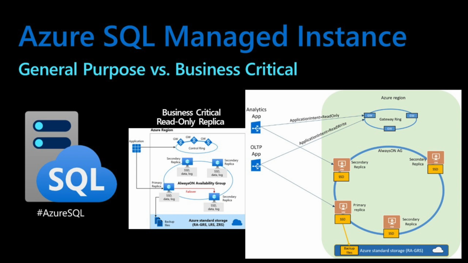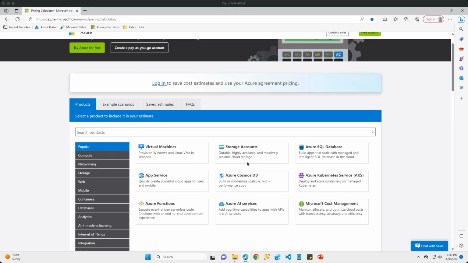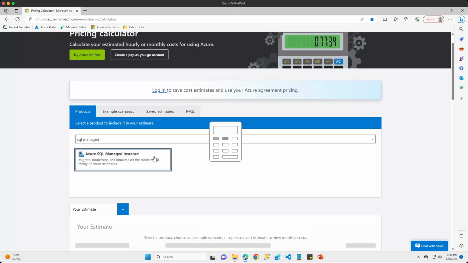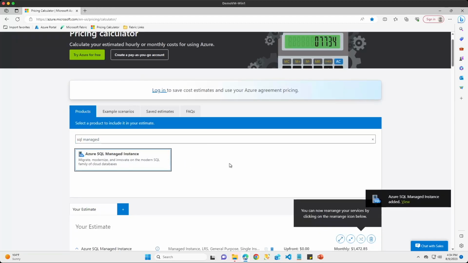And the last thing that I would like to take a look at here is pricing options for each of these two tiers. For this, I'm just going to jump over to the pricing calculator really quick. Once I am logged in to the pricing calculator, I'm going to do a quick search for Azure SQL Managed Instance, and then add in two occurrences of Azure SQL Managed Instance.